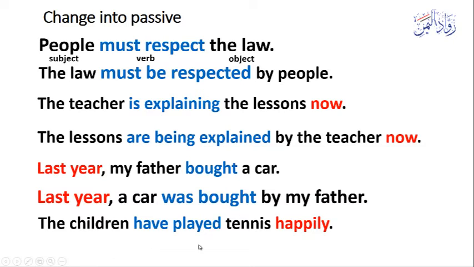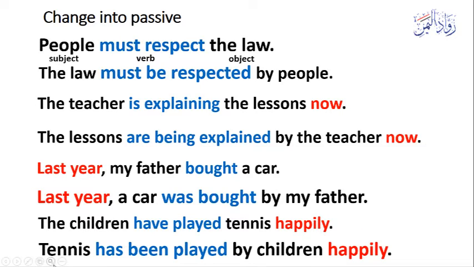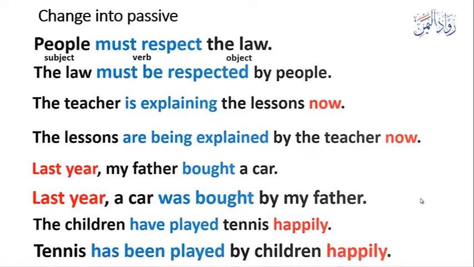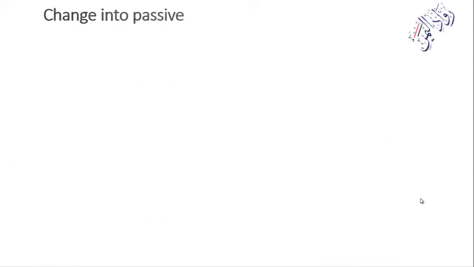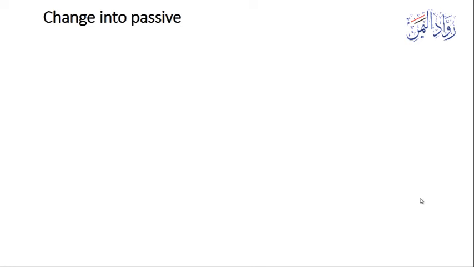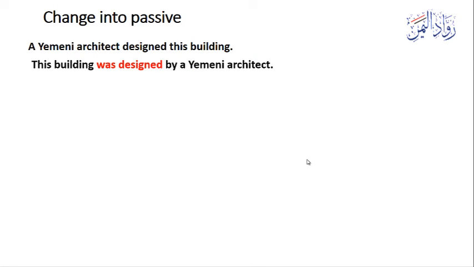The children have played tennis happily. Tennis has been played by children happily. Now let's practice. Change into passive. A Yemeni architect designed this building. This building was designed by a Yemeni architect.